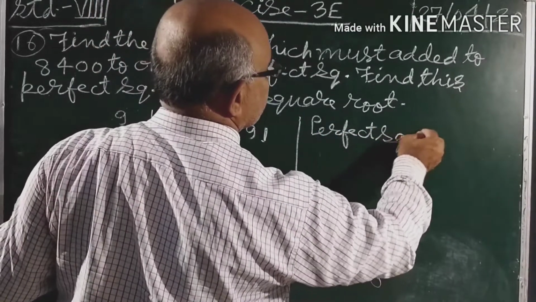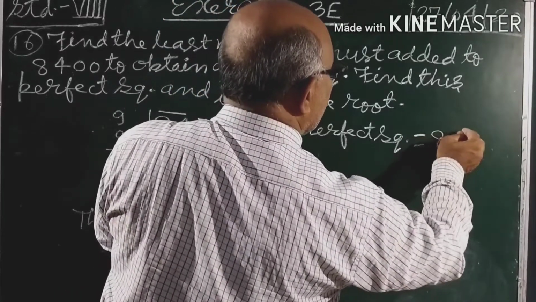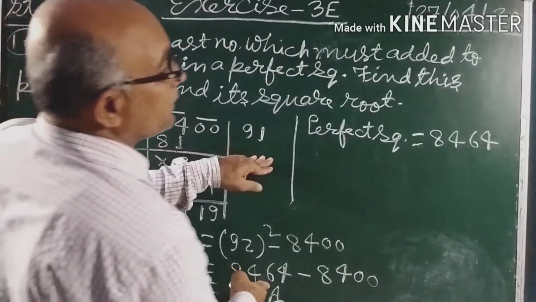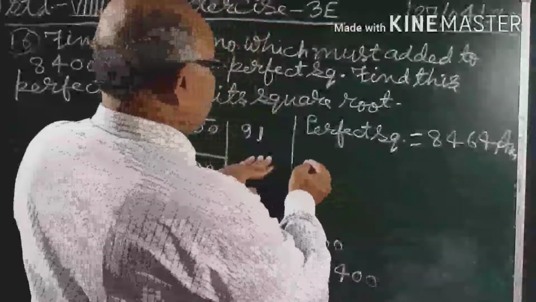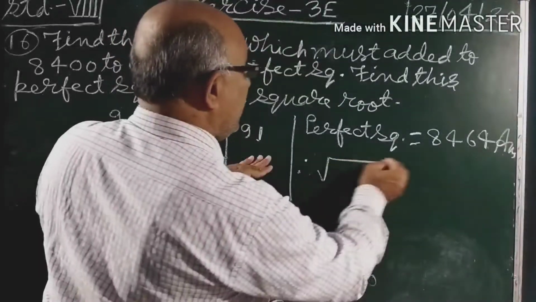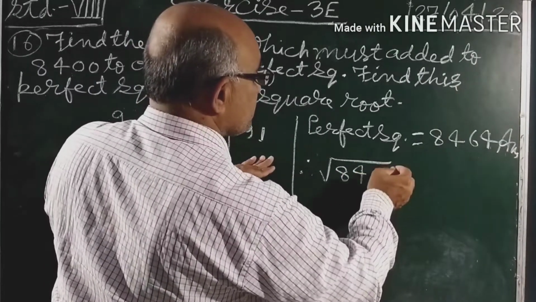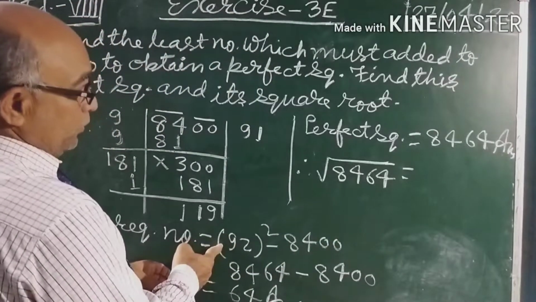Perfect square is equal to 8464. Yes, 8464. One answer also. And therefore the square root of 8464 is the square of 92.